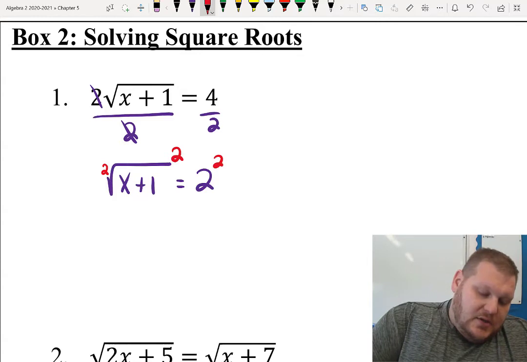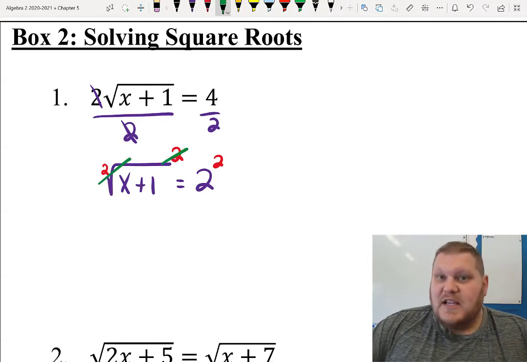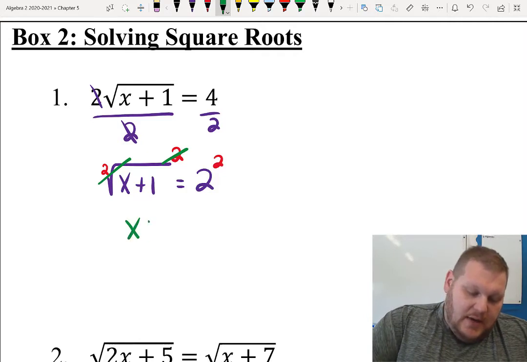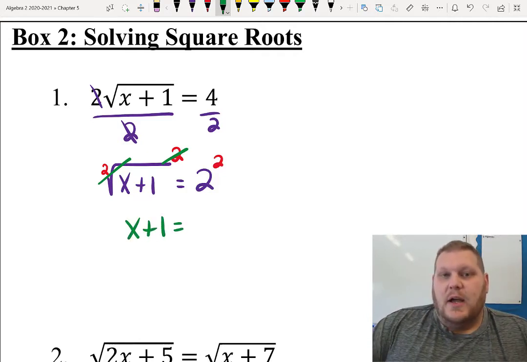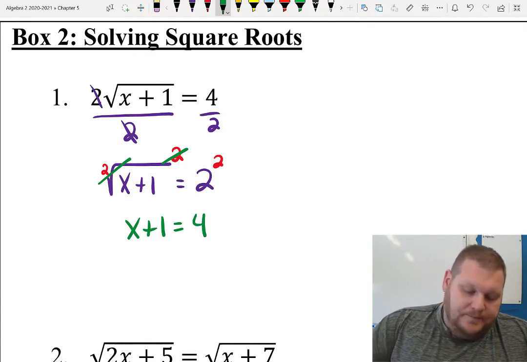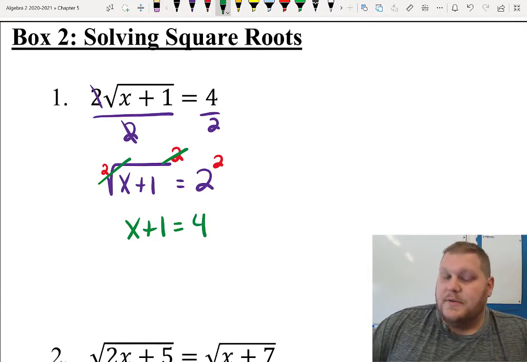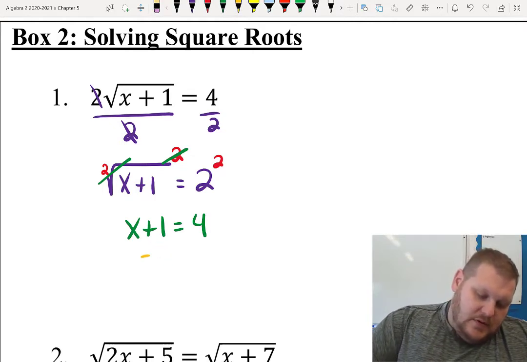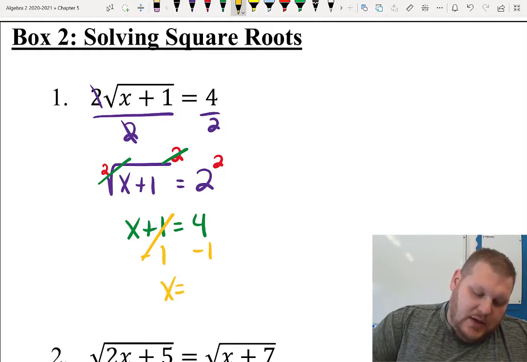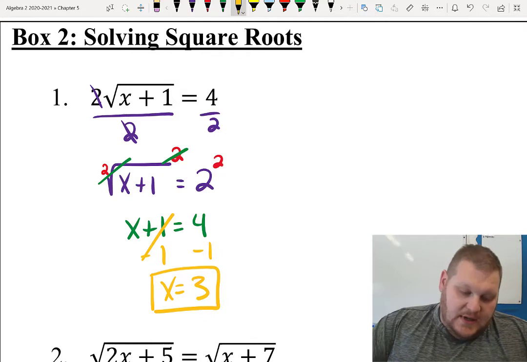Squaring both sides cancels out my radical and my exponent on the left side, leaving me with x plus 1. On the right side, 2 squared is positive 4. From here I can just solve the remaining equation, which is super easy. We're going to subtract 1 on both sides, and we get positive 3 for my solution. All right, moving on to number 2.